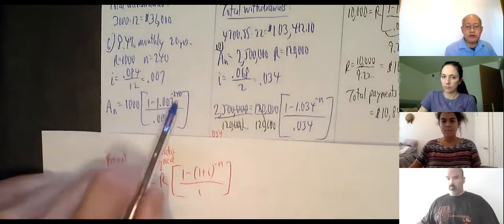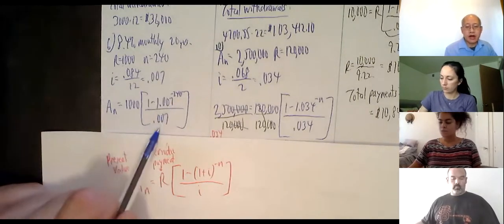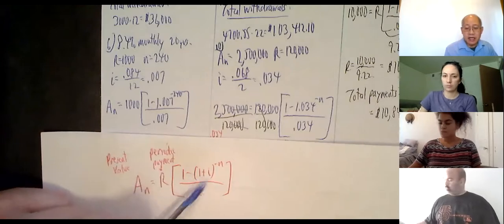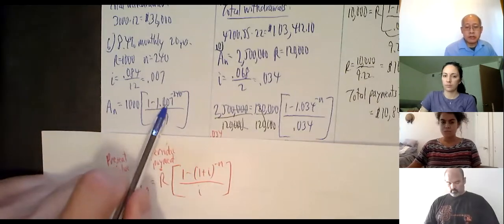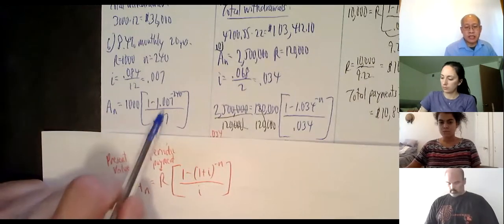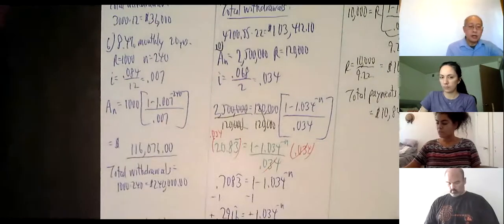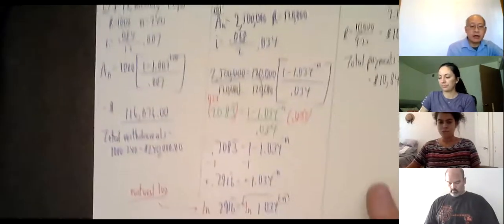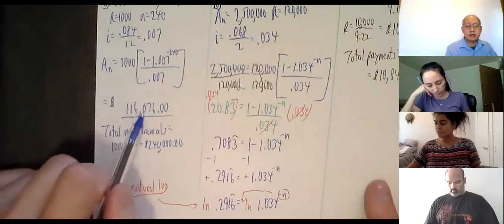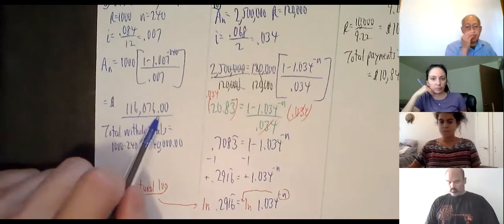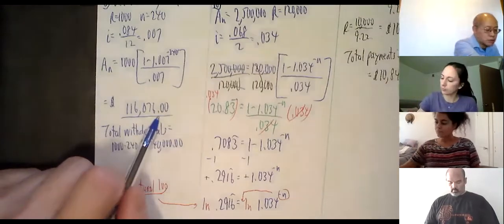So negative 240, and divided again by I. So this I and this I match. That 0.007 matches that 0.007, except for this one, that 0.007 has a 1 attached to it. And if you do it the right way, $116,076, and I guess no cents, the way it rounds off.